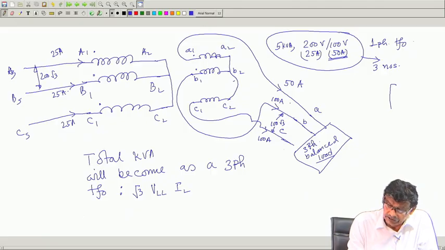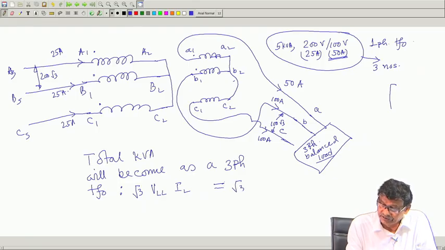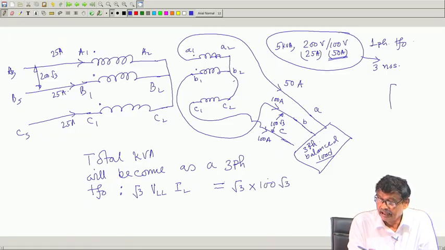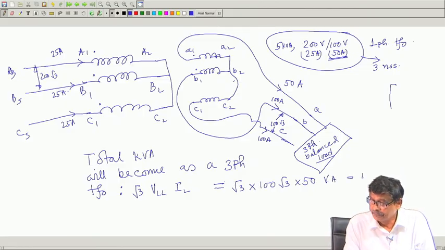So, if you calculate from the secondary side, the total KVA will become √3 times VLL, which is 100 into √3, and IL is 50 ampere, which becomes 15 KVA.